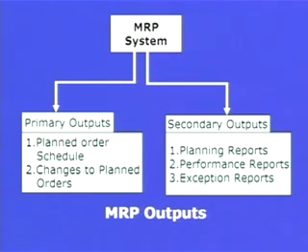These can be generated after 1 week or 15 days, depending upon how the requirement of the information is desired by the company. Secondary outputs: planning reports, performance reports, exception reports. We will just have a brief introduction to all these outputs.